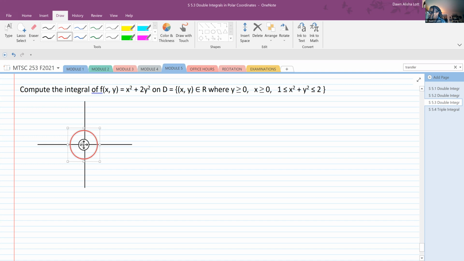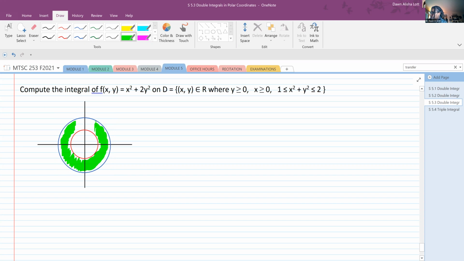And the second one is x squared plus y squared is equal to 2. Okay, so the region is all the stuff in here. So it's between the two circles.